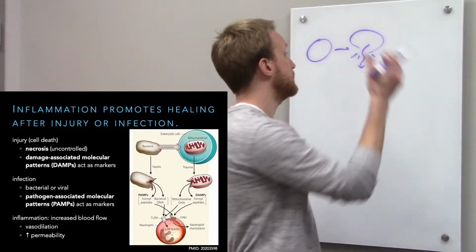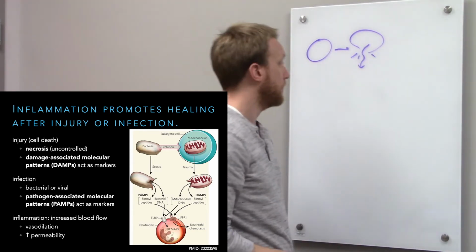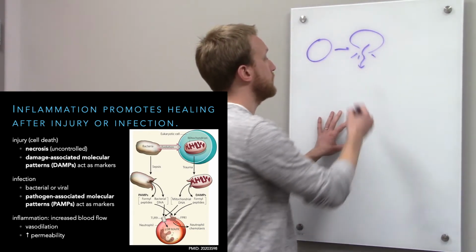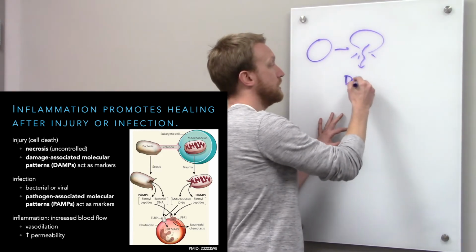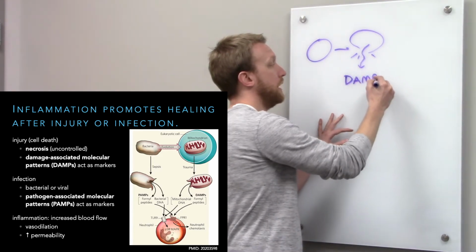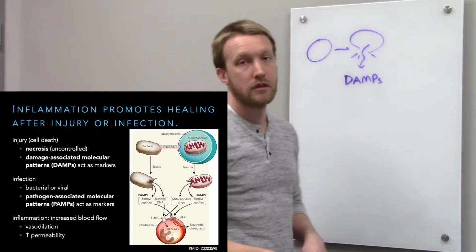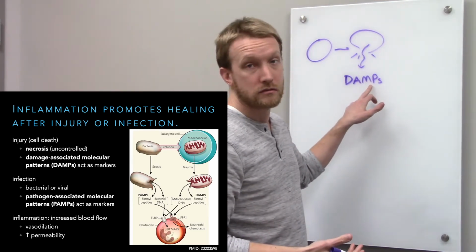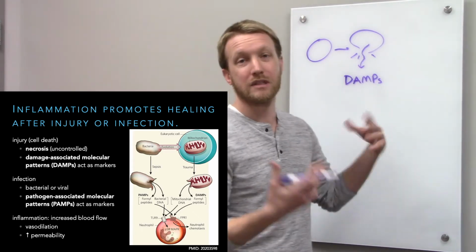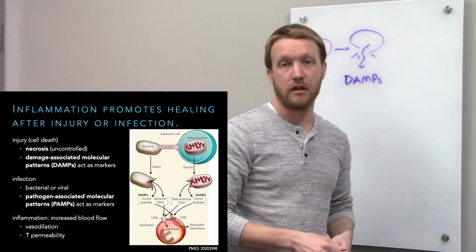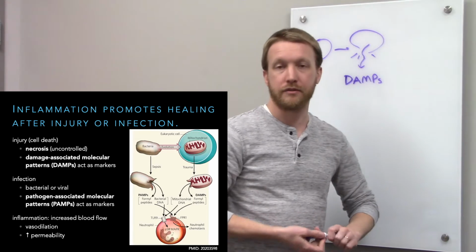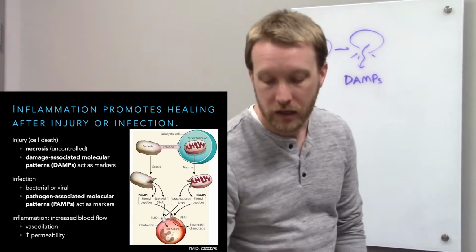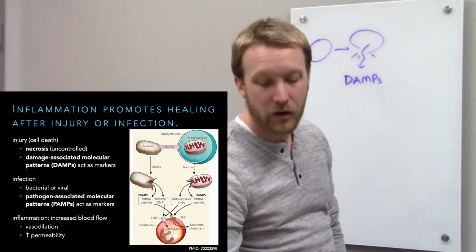There's no difference between inside and out anymore. So this will release what we call damage-associated molecular patterns, DAMPs. This is just a nice way of saying very small things that are associated with damage. So the molecules that leak out of damaged cells. This could be from the nucleus, the mitochondria, the cytoplasm, doesn't matter. Something that used to be inside is now outside.